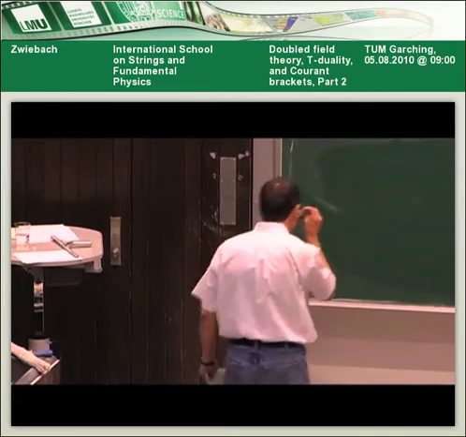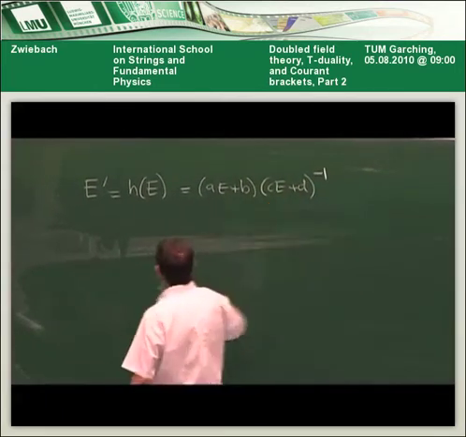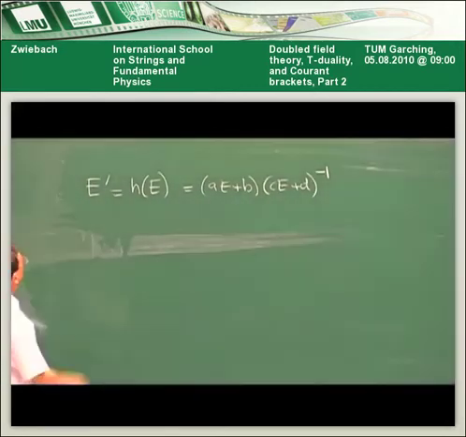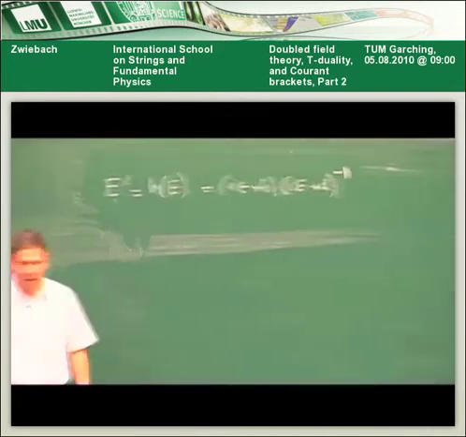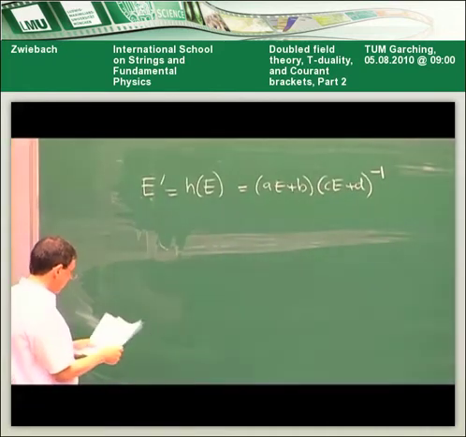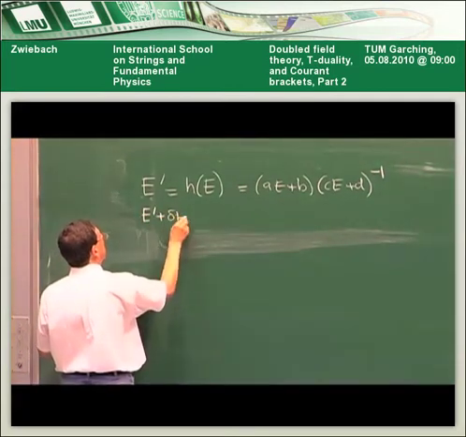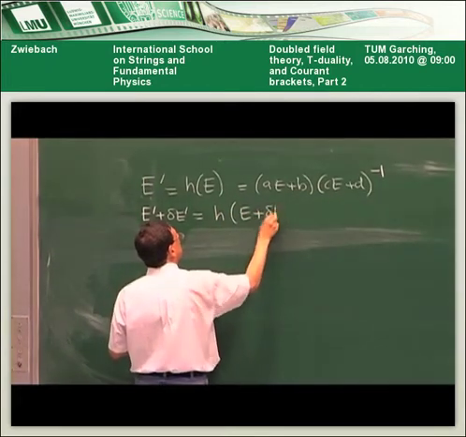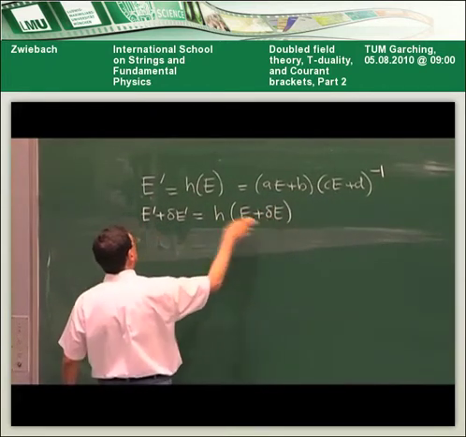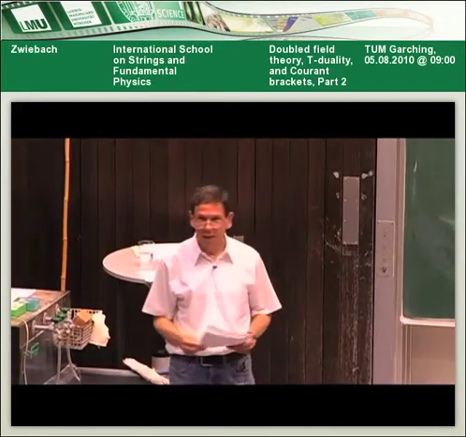So if you have ever something like this, you should know that the derivative of E prime is related to the derivative of E in a much simpler way. And indeed, you can say, for example, E prime plus delta of E prime should be H of E plus delta E. And that's how a little variation of E results in a little variation of E prime. And those are related in a simple way.